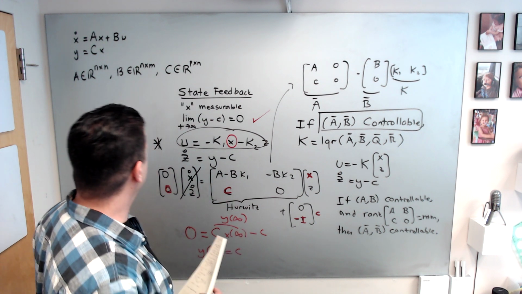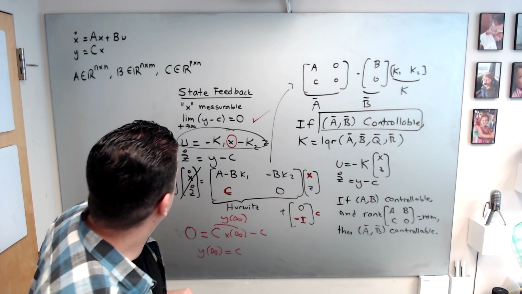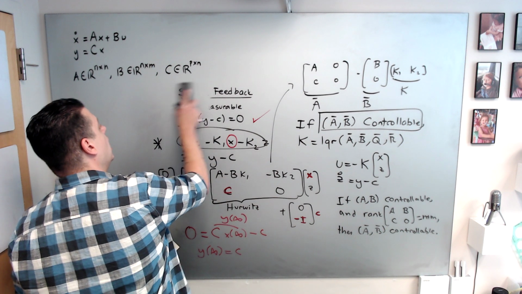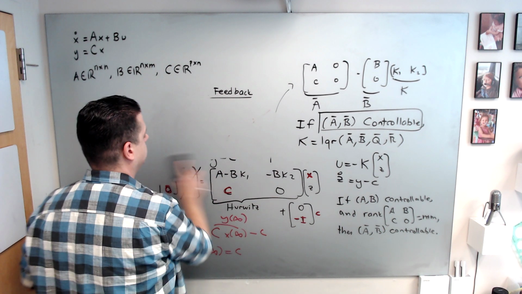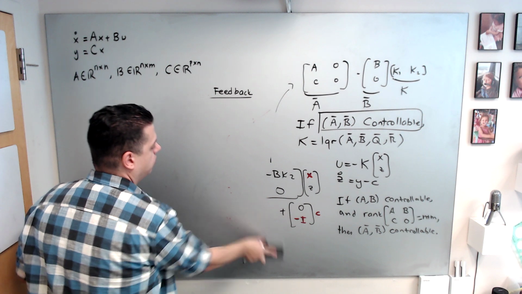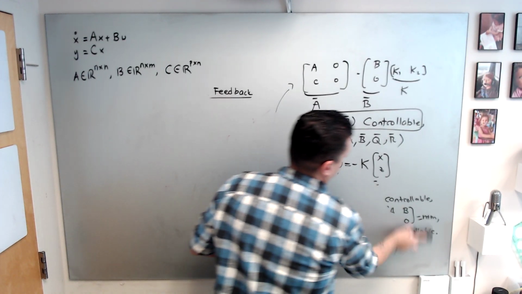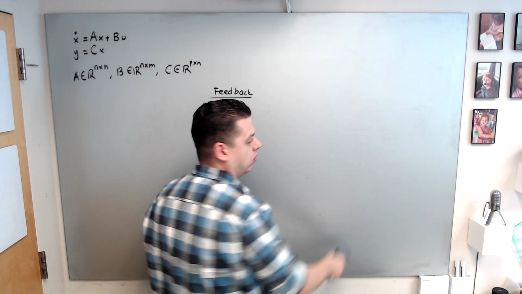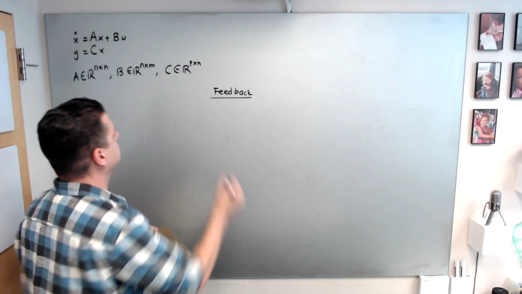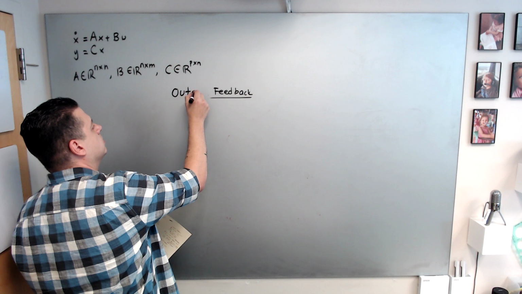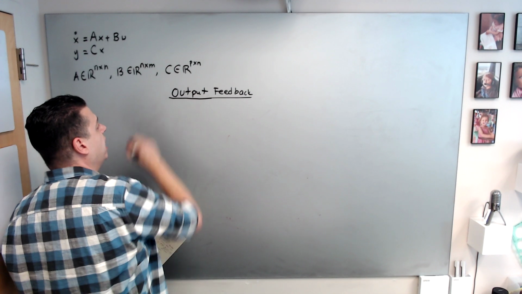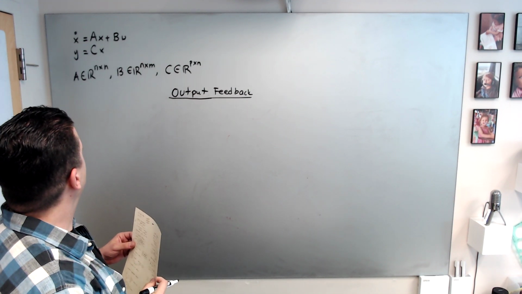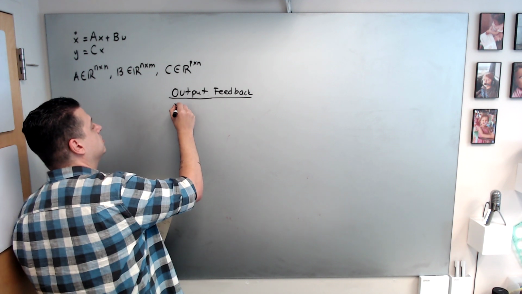I now shift gears from state feedback to output feedback. All right. Output feedback, basically, X is not measurable.